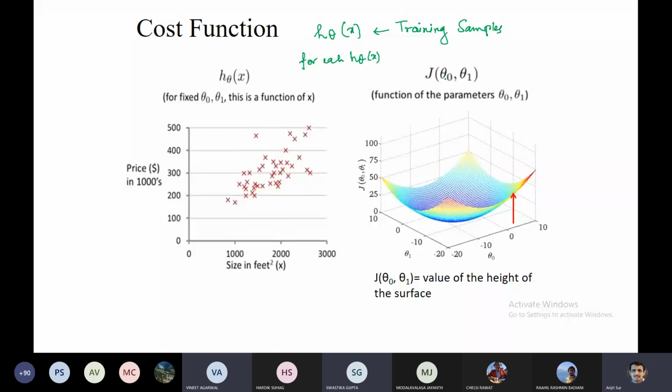For different theta 0, theta 1, one set of theta 0, theta 1 means one line, and every line gives a cost.